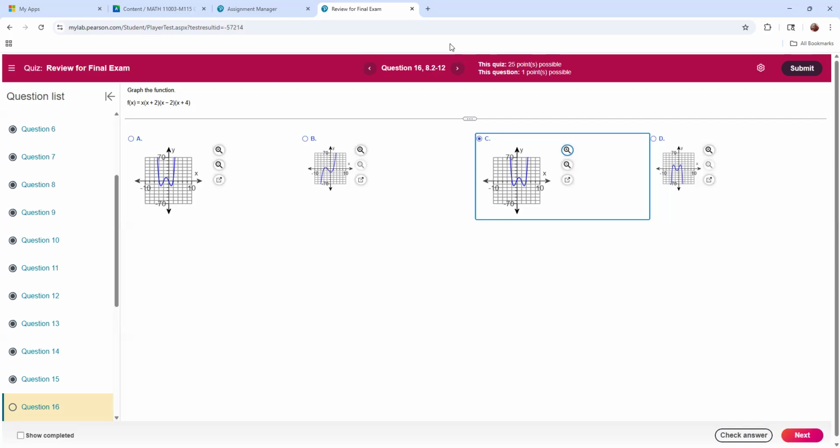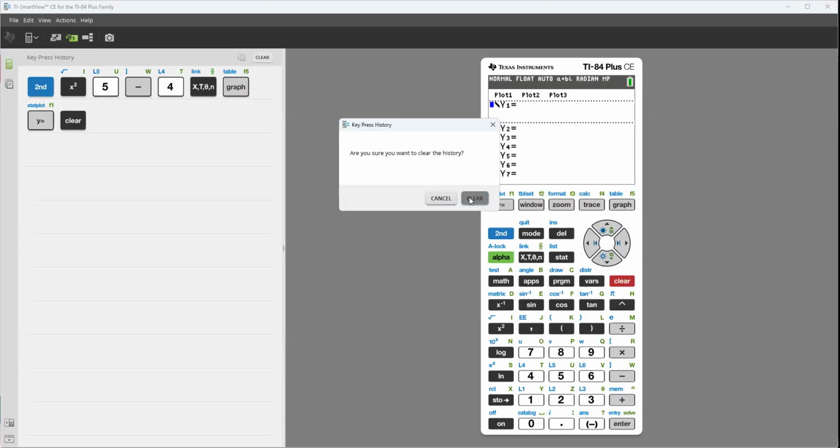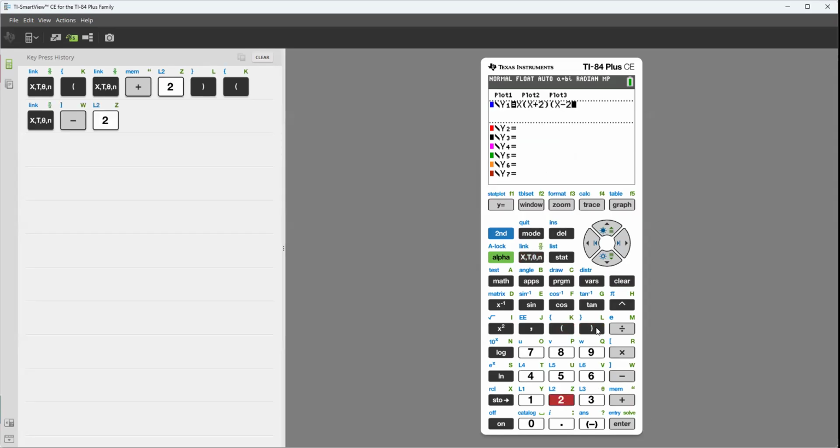So I'm going to go to my Y equals. I'm going to clear everything. So that was an X, and in parentheses, X plus 2. Next parentheses, X minus 2.